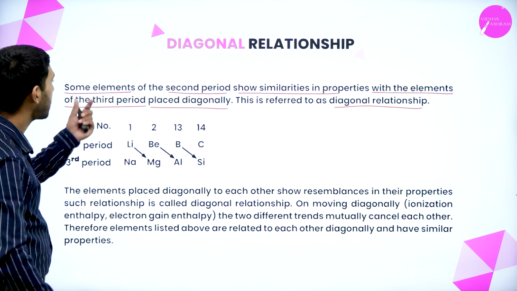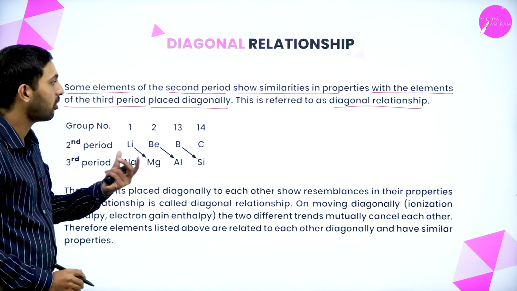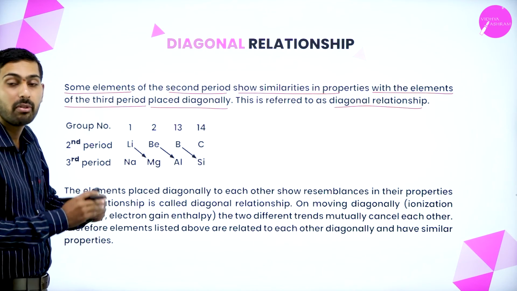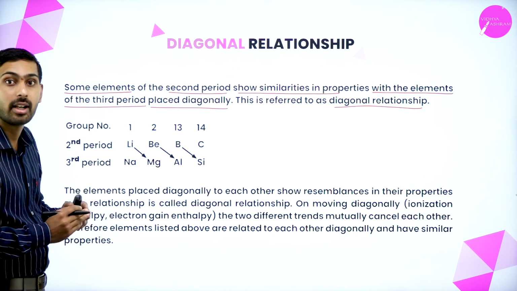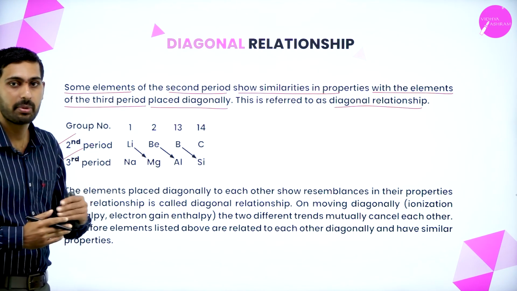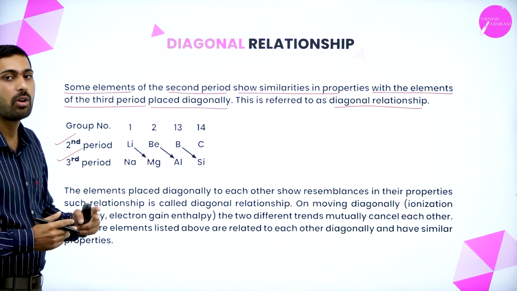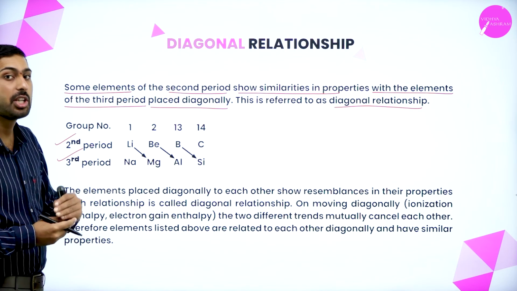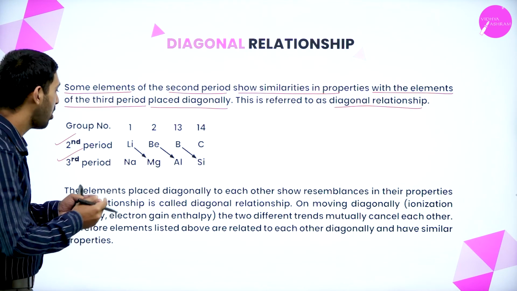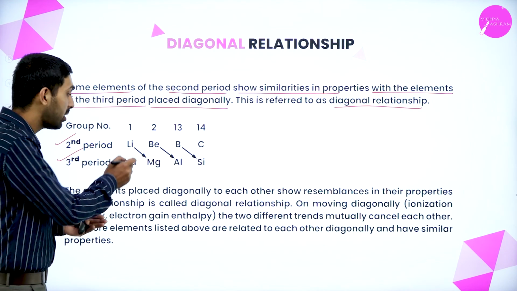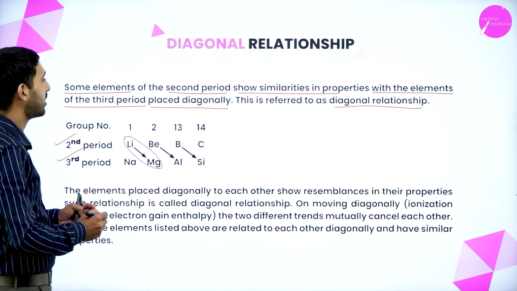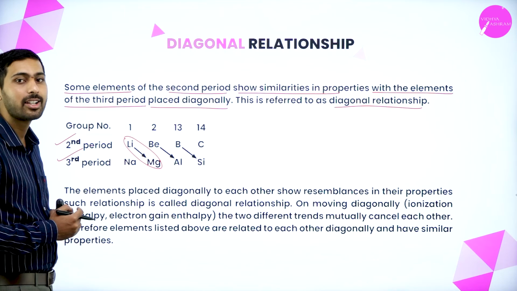Which elements of the second and third period show similar properties while placed diagonally? Then it is considered as diagonal relationship.